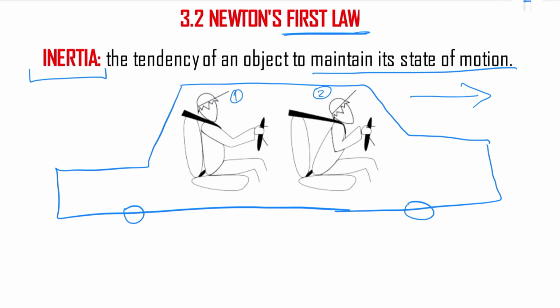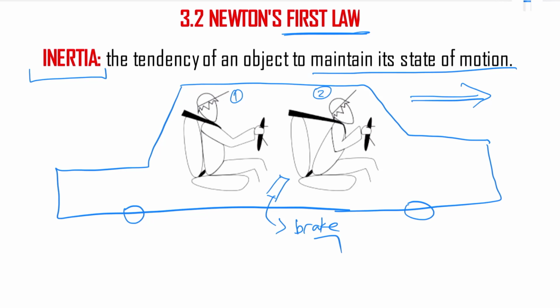While going in the right direction, if the driver applies a sudden brake, what will happen? Every day you are getting in the car, and sometimes you are driving and sometimes you are a passenger.